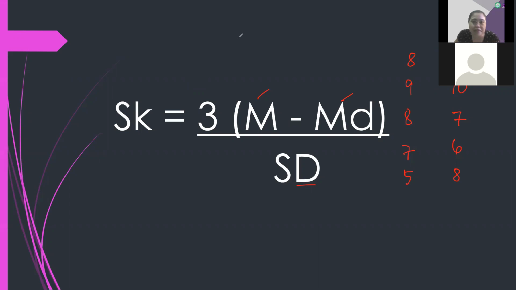I-check daw nung answer ng iba. Bakit iba-iba kayang answer? Okay lang yung sa JASP. You can use the JASP, you'll still get the same answer. I mean, the same interpretation. Let's wait for a few more minutes.